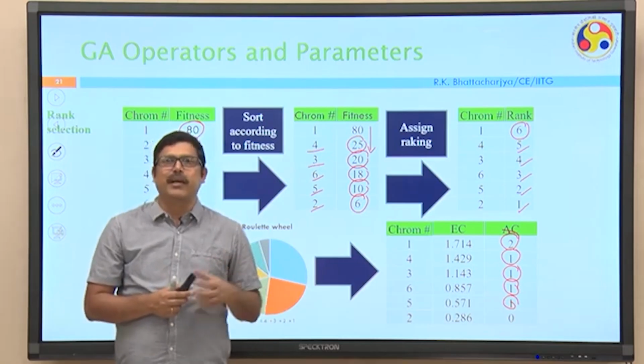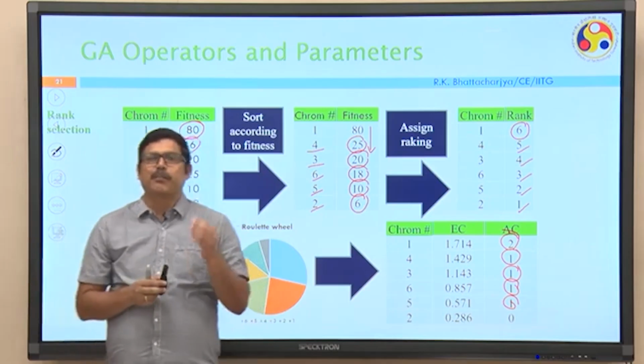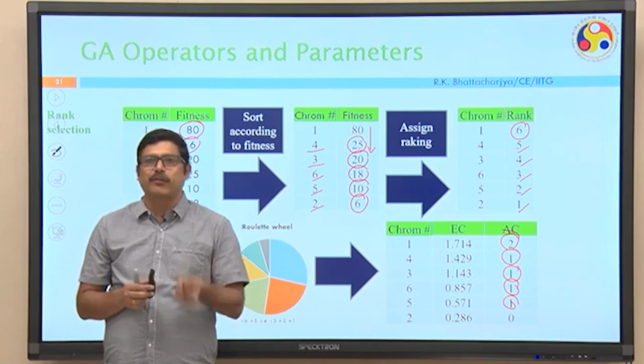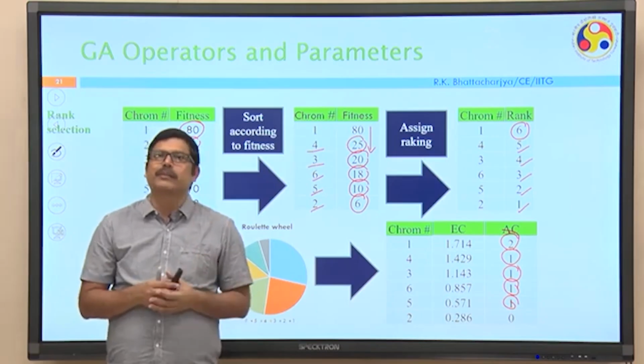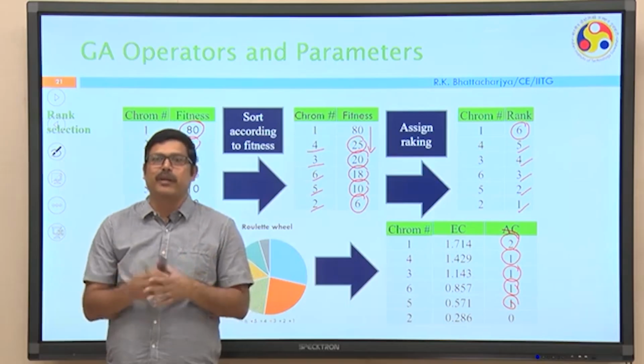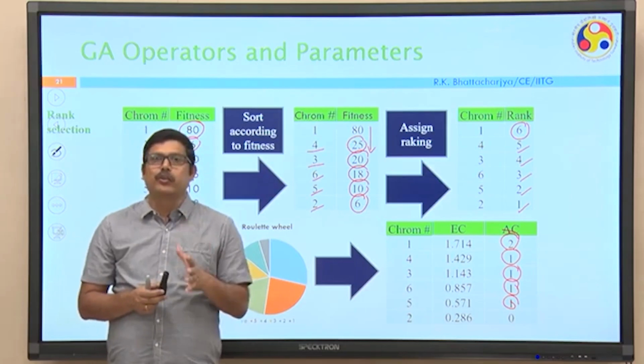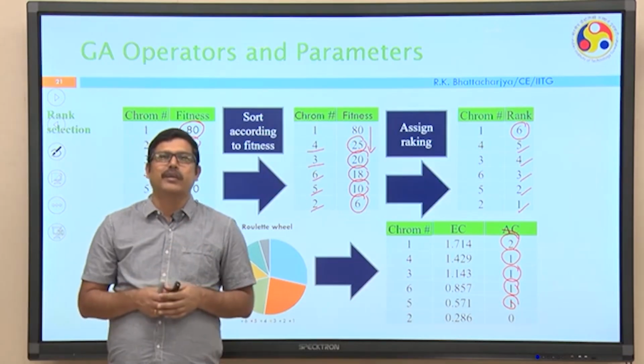The basic idea is that it is just like acting as a filter. The better individuals will have multiple copies or single copies, and the inferior solutions will be eliminated from the population, and at the same time you have to maintain some diversity, and the population size should be the same.